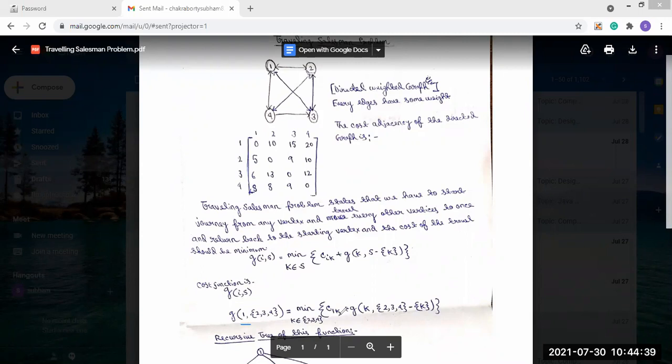The third time we will check from 1 to 4, so the K value will become 4.